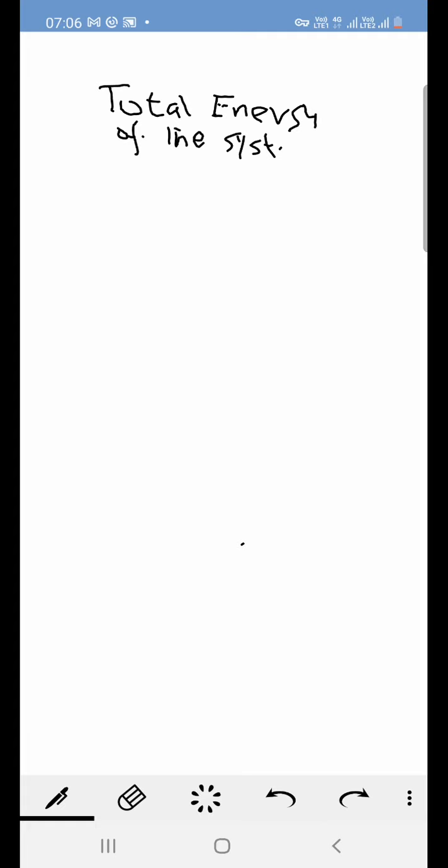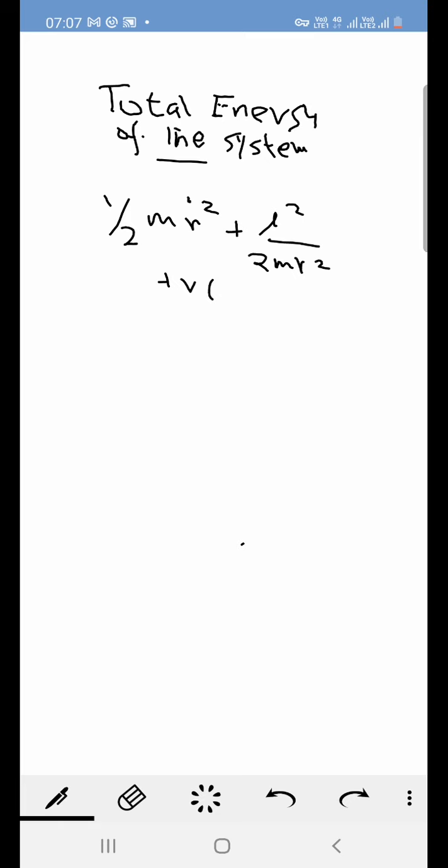And the total energy of the system in the central force is half m r dot squared, which is the kinetic energy, plus L squared divided by 2 m r squared, plus V(r), equal to a constant.